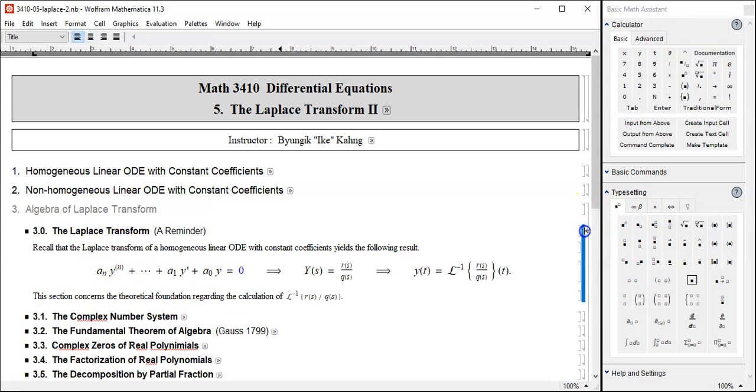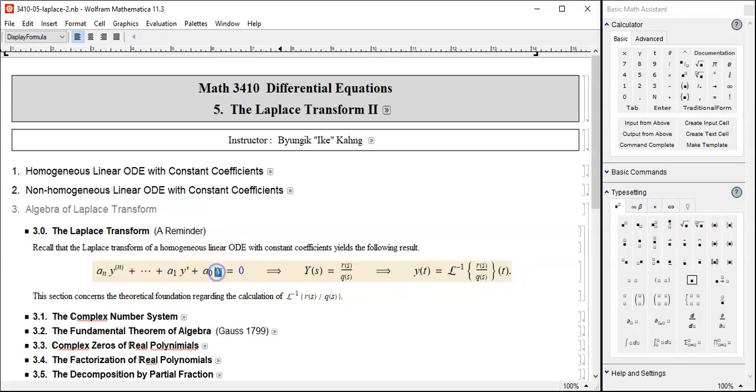Here's a brief recap. First, we started with a solution y of t of a homogeneous linear ODE with constant coefficients, and then from this equation, we take the Laplace transform and do some algebra.